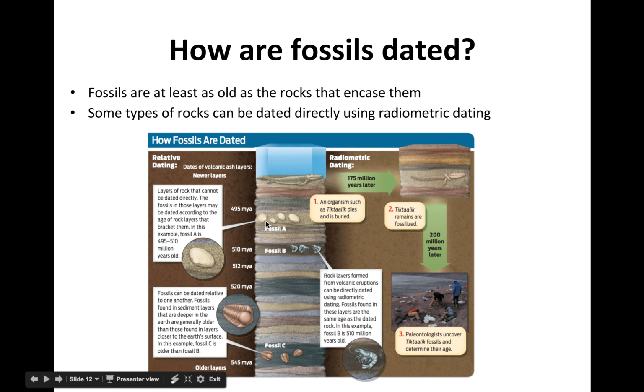And again, remember, sedimentation happens from the bottom to the top. As we go through time, the layers build and build and build, and we can find fossils in these layers, and that's how we can determine their date based on the layer that they're in.